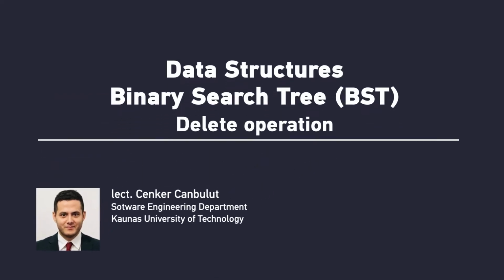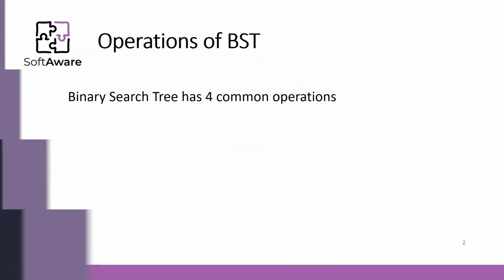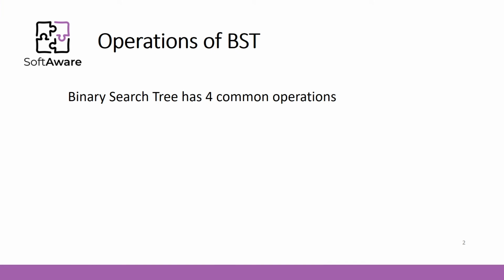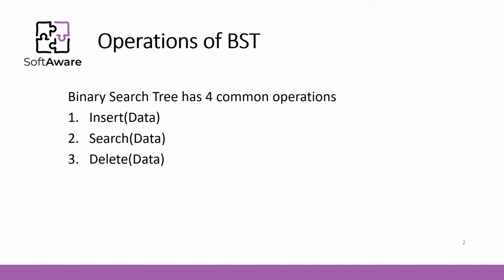Hello everyone. In this lecture, we will have a look at the delete operation in binary search tree. As we remember from previous lectures, binary search tree has four common operations: insert data, which inserts data into the binary search tree; search data, which returns the data element if it exists in the binary search tree; and delete data, the delete operation that we will learn today, which deletes the defined data element in the binary search tree if it exists.